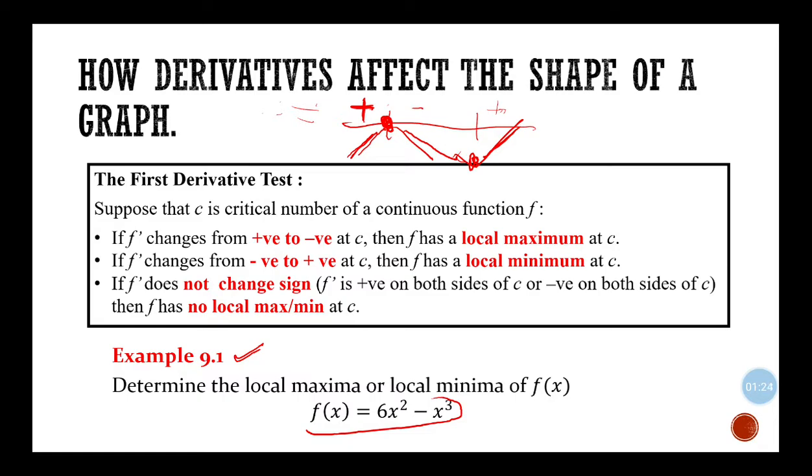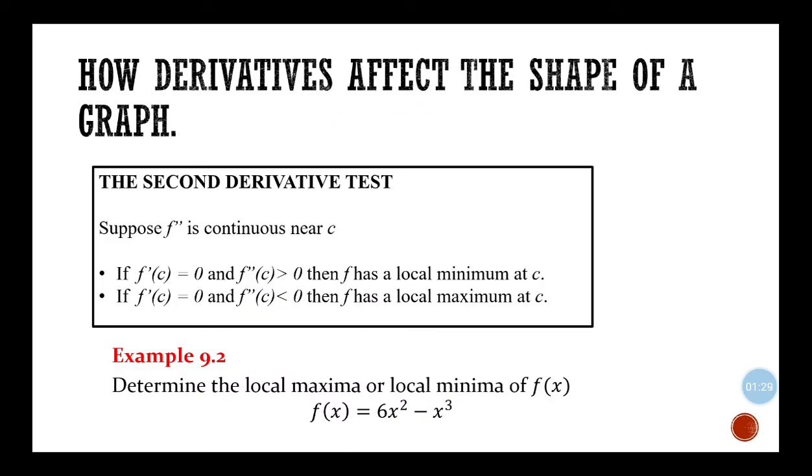So first thing for today's asynchronous lecture is still the same thing, to determine the local maximum or local minimum, but now we are using what we call the second derivative test. This second derivative test says that if f double prime, meaning differentiate twice, f double prime c is more than 0, if you substitute the critical number c into its second derivative and find that it is greater than 0, meaning that function f has a local minimum.